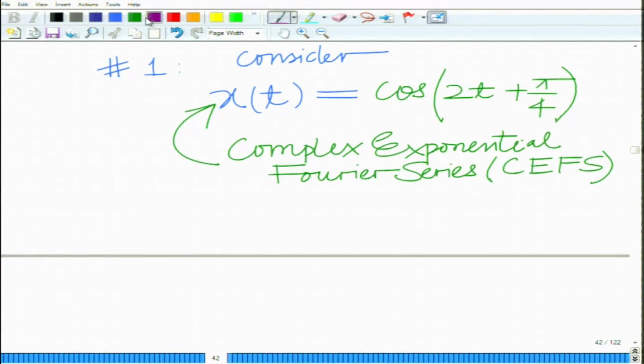Now, what you can observe here is that this is cosine 2t, alright.